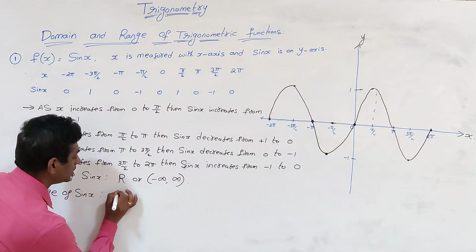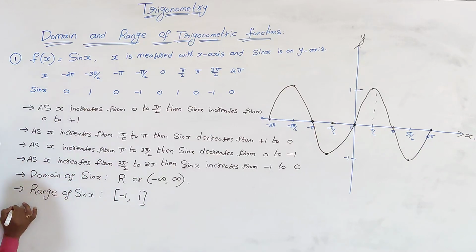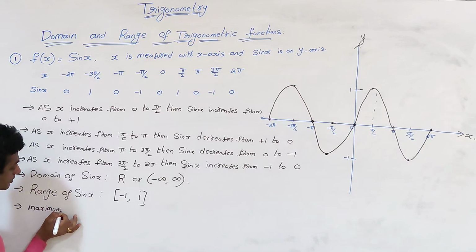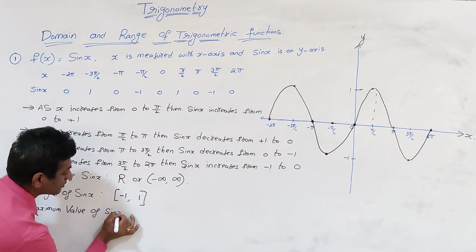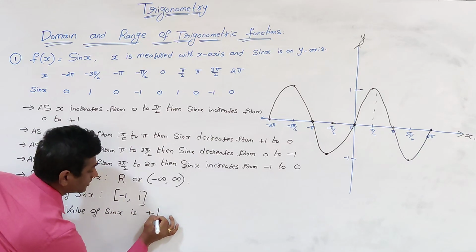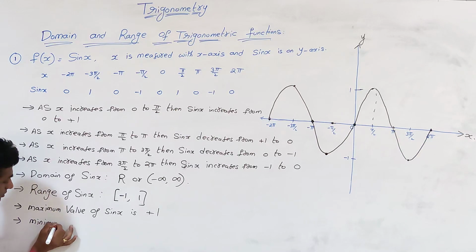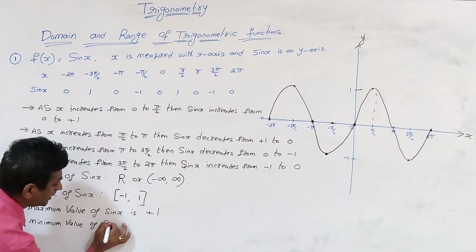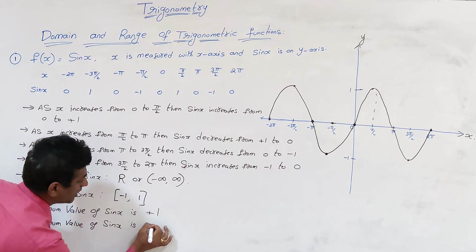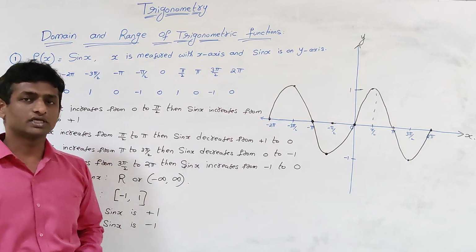So range is the closed interval [-1, 1], and maximum value of sin x is +1 and minimum value of sin x is -1. So these are the observations of sin x.